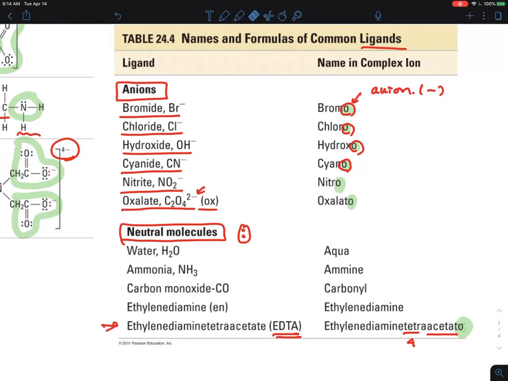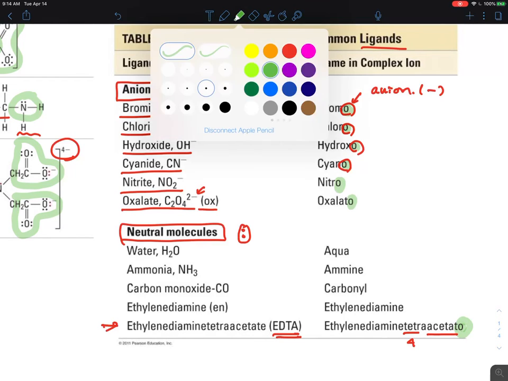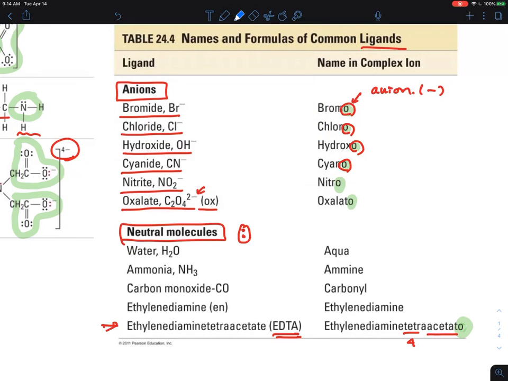And then those that are not anions, the neutral ones, have their own names. Water is aqua, and ammonia is ammine, and carbon monoxide is carbonyl, and then ethylene diamine we call en. These are neutral molecules, and as you can see, they have lone pairs on oxygen, nitrogen.